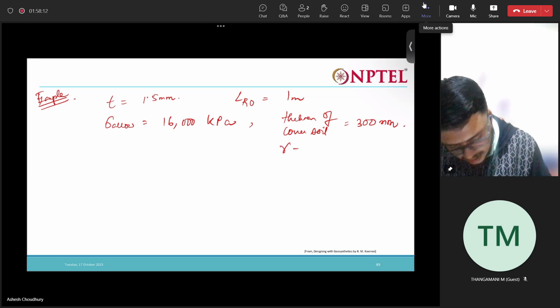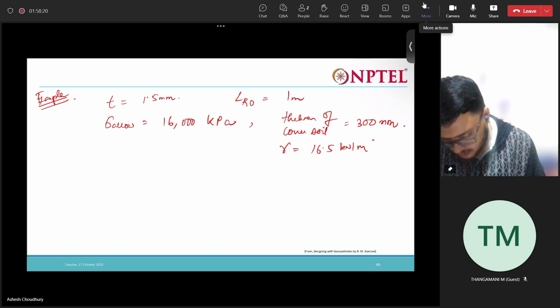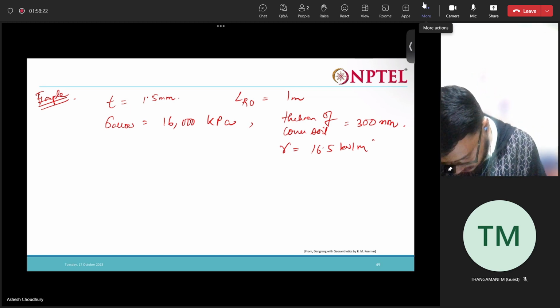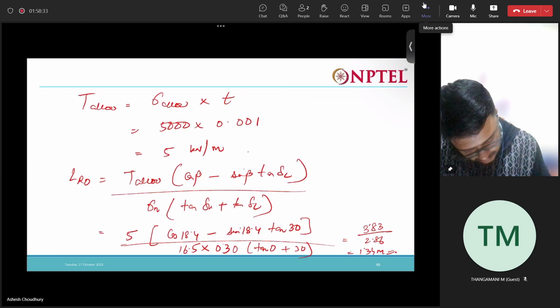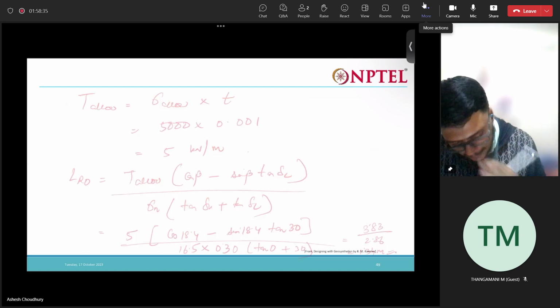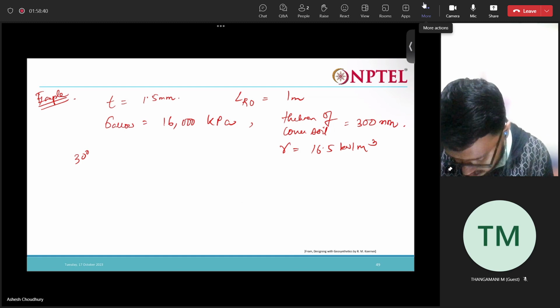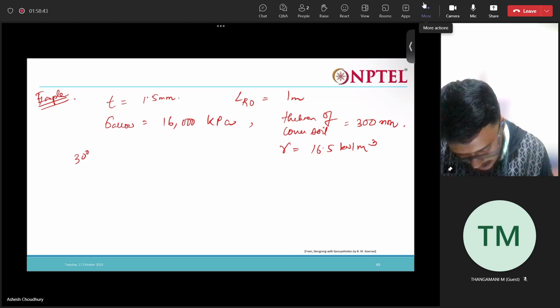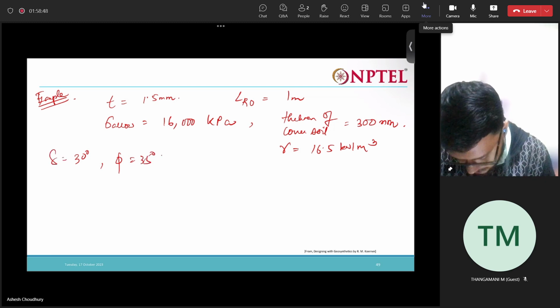Gamma, unit weight of soil, 16.5 kilonewton per meter cube, and this soil is also placed in the trench. Other properties are the same. This 30 degrees is also the same, the friction angle of the soil to the geomembrane, and phi of the soil is 35 degrees. Delta is 30 degrees.